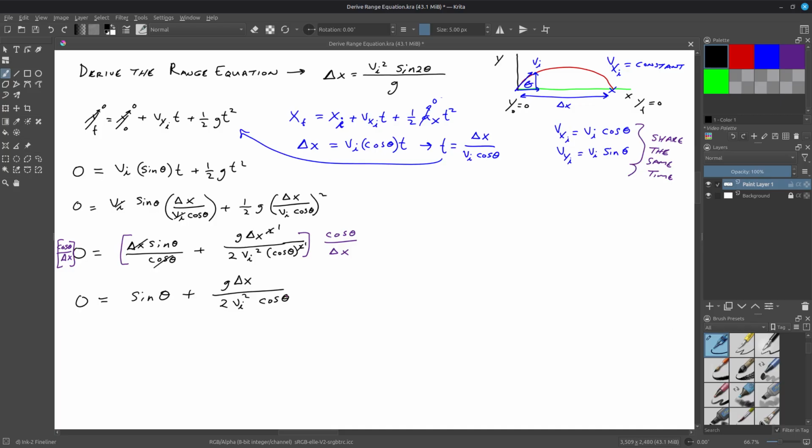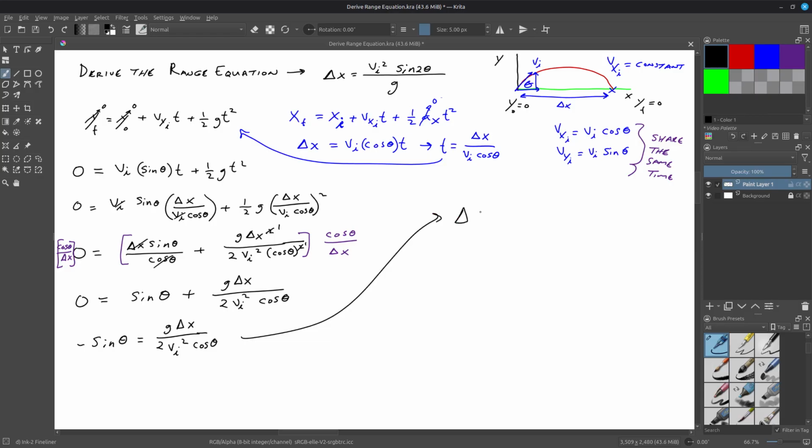Okay, well, we're getting somewhere. Let's bring the sine to the left. So negative sine theta equals g delta x over 2 v initial squared cosine theta. And let's bring it up here to the right.